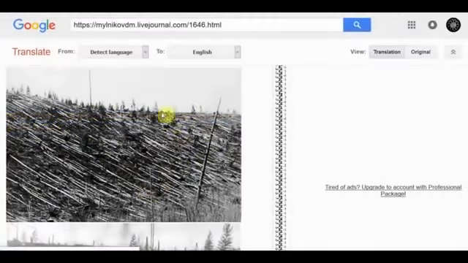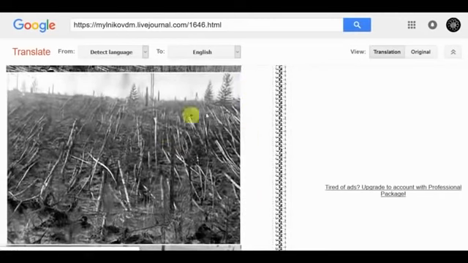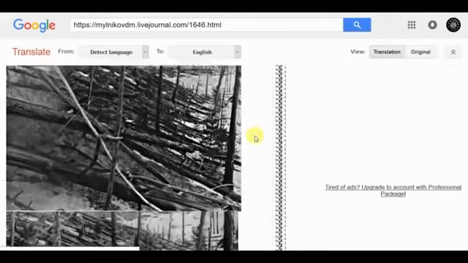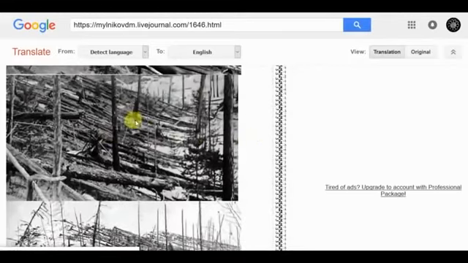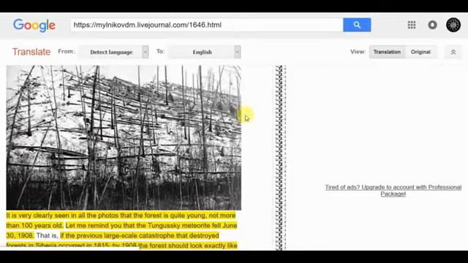And when you take a look at these old photos from the Tunguska area in Siberia, where there was that great explosion in 1908, it appears that even in 1908, these forests were extremely young, very young trees that are being displayed in these photographs. By no means a mature forest.